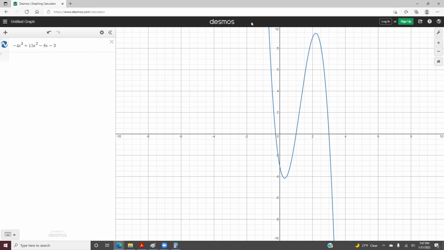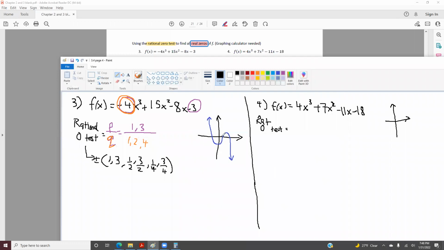So can someone tell me by looking at this graph, what is your x-intercept here that you can read or you can point out exactly? 3. 3, or you can try 1. But this one on this side, you know it's negative, but you don't know what this number is. It can be half, it can be something else. So you do not know. So the good thing is when they accompany it with a graph, make sure you know that they give you the zeros, which are the x-intercepts. So we know that 1 and 3 will work in this case.